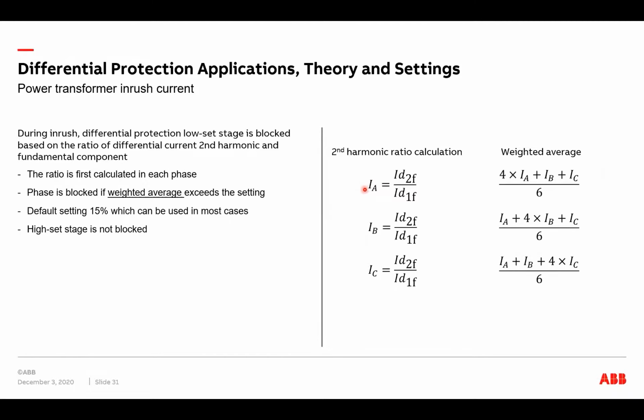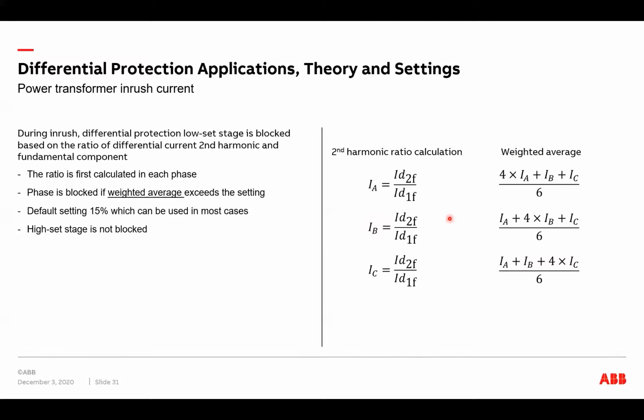This is done for each phase separately. Then we use this value and calculate a weighted average for each phase separately. If the weighted average exceeds our setting, which is normally 15%, then the differential protection is blocked.